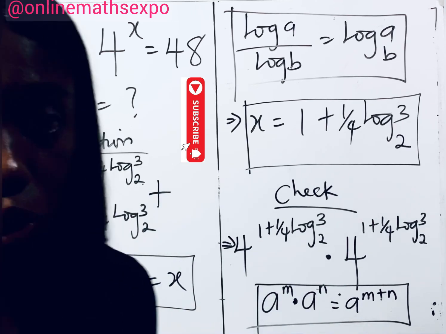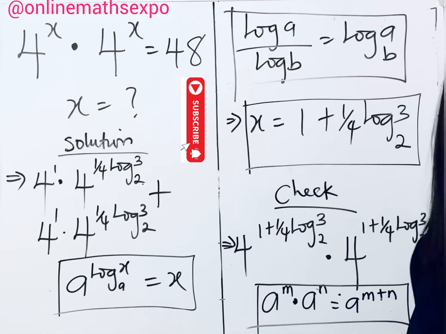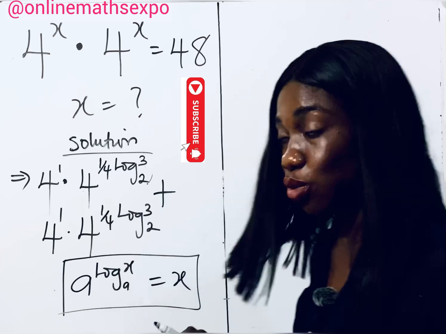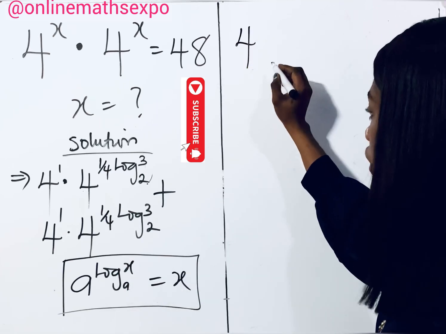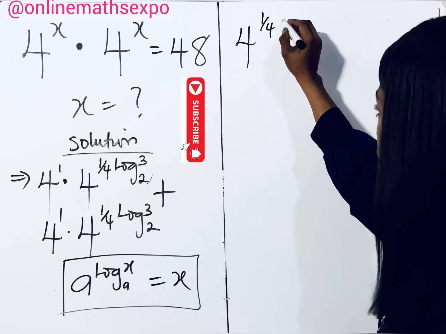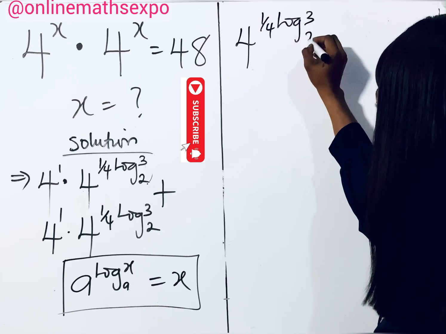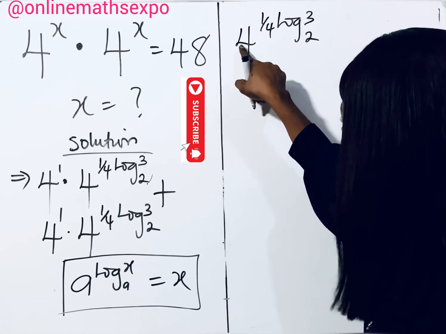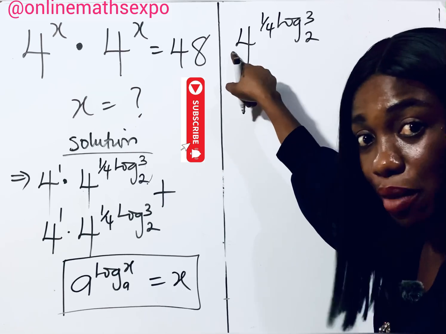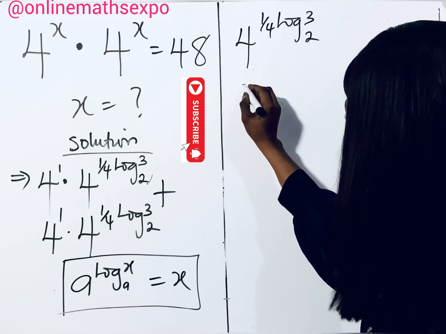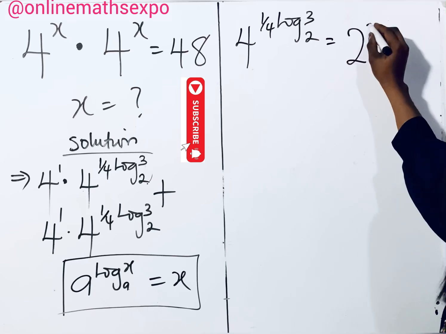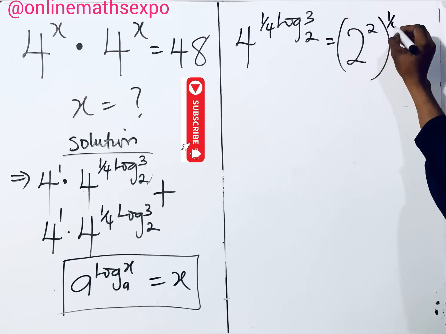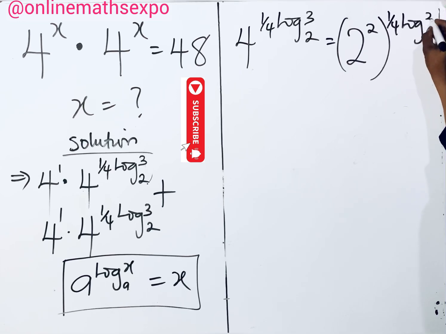Now let me teach you what you will do. To make this the same, see what you will do. We have 4 raised to the power of quarter of log 3 base 2. Let's change this 4 to base 2. 4 can be changed to 2 to the power of 2, raised to the power of quarter log of 3 base 2.